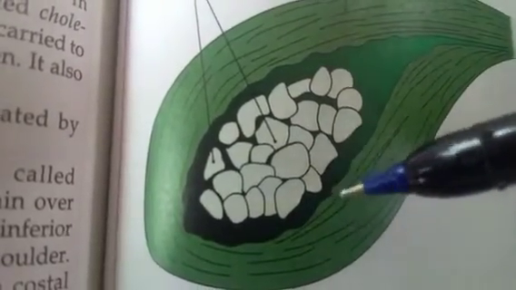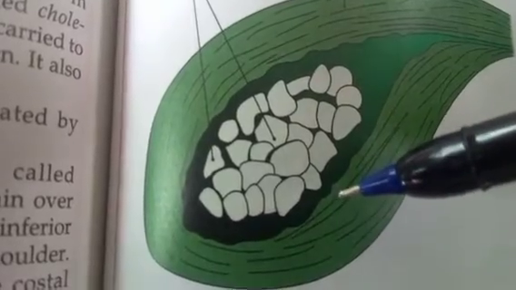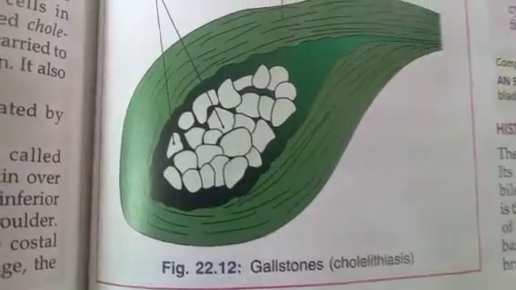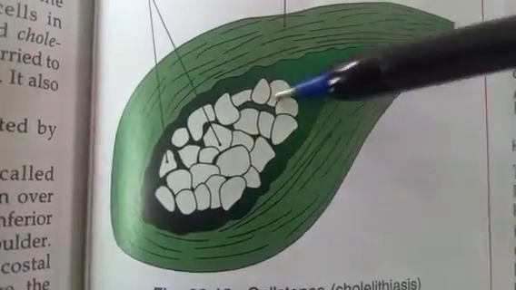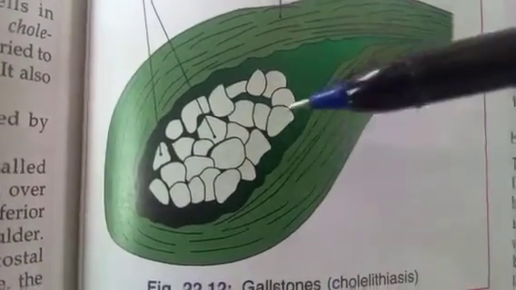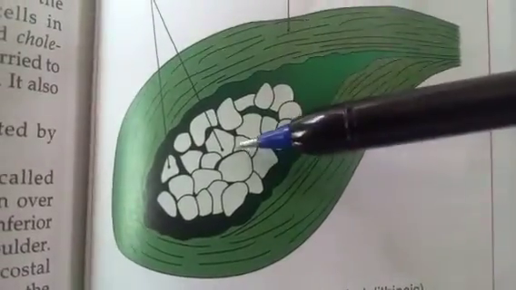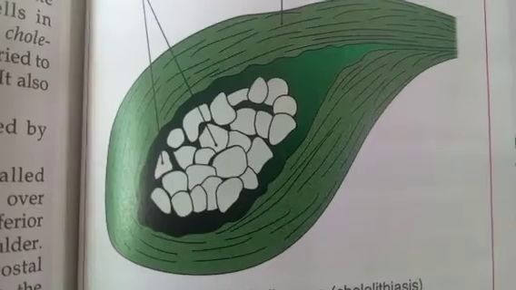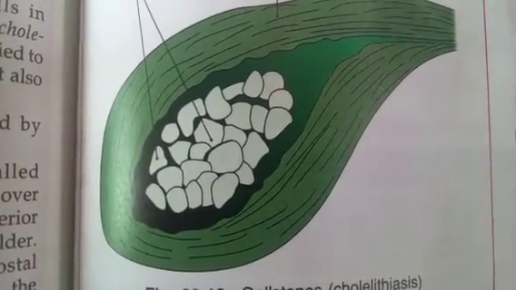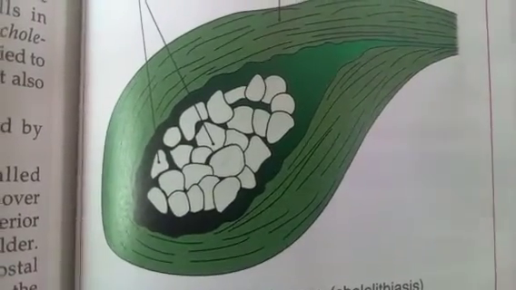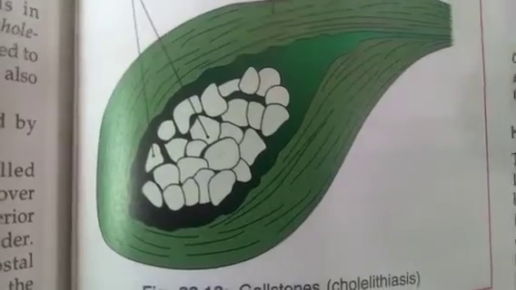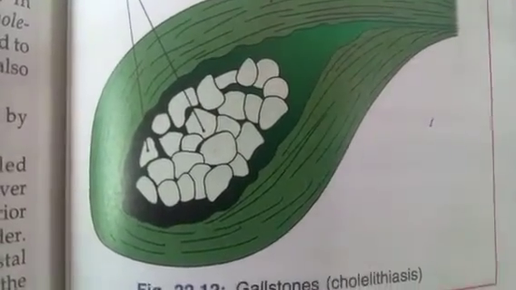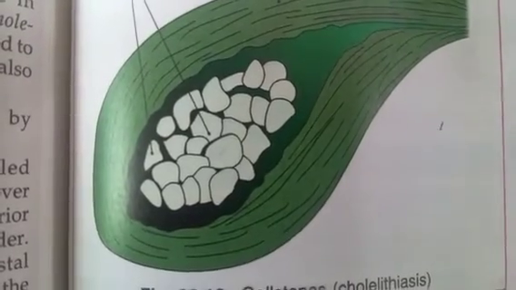In such cases, Murphy's sign is of great diagnostic value. The gallbladder is related to the duodenum. So, this gallstone may penetrate the wall of the gallbladder and duodenum to get inside the lumen of the duodenum. This stone travels through the coils of small intestine and may block the narrow ileocecal junction, leading to intestinal obstruction.